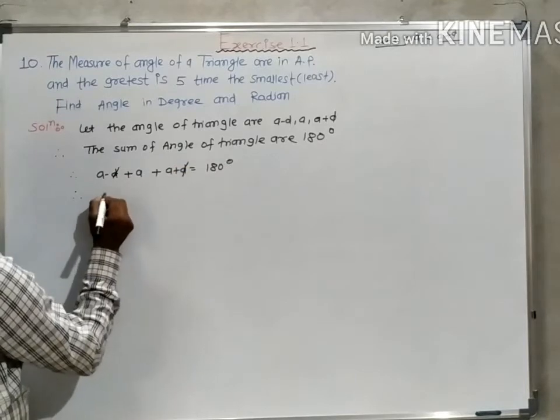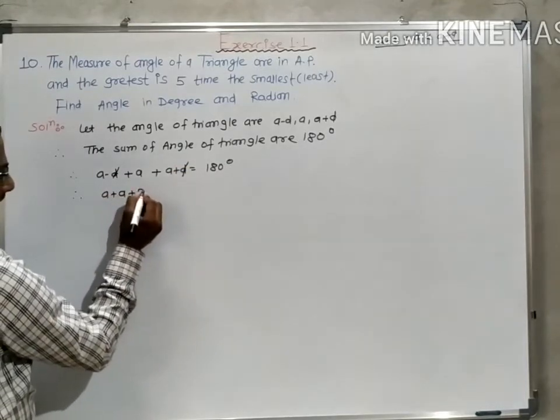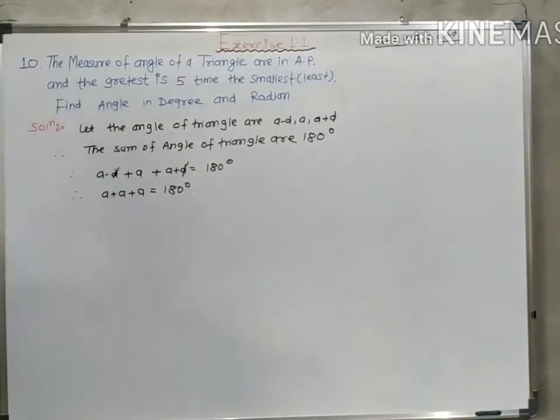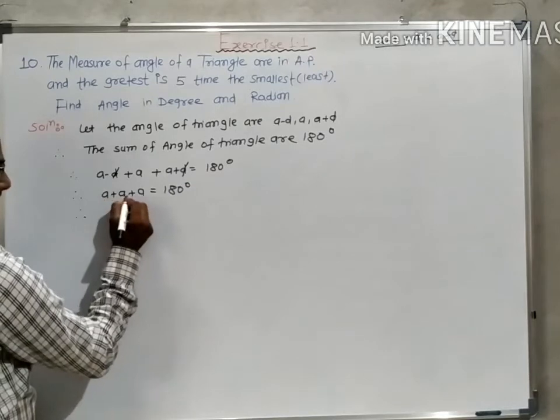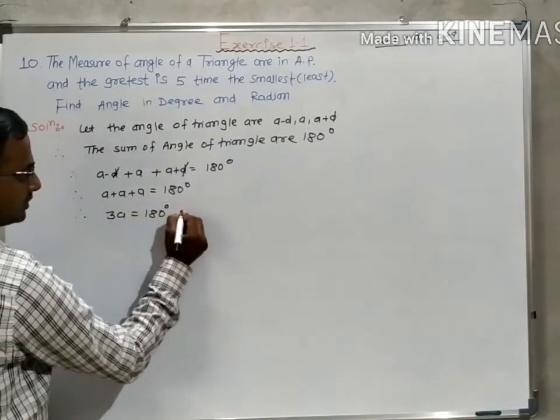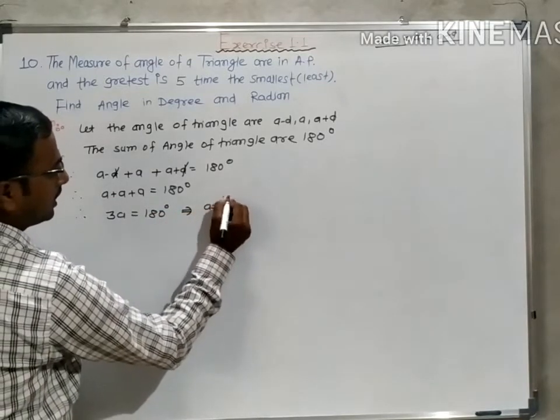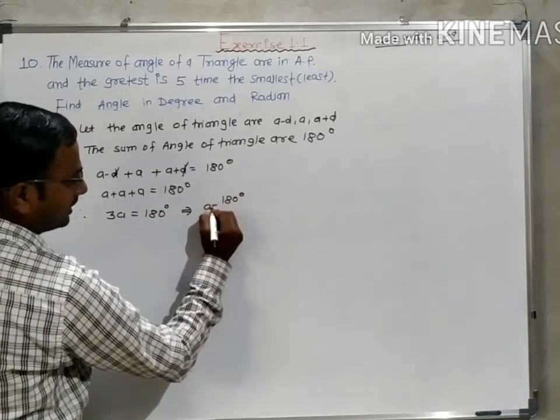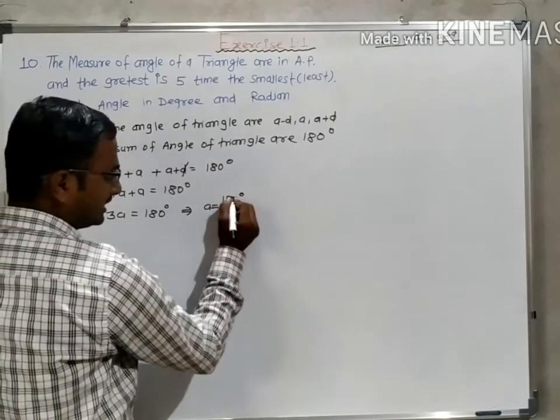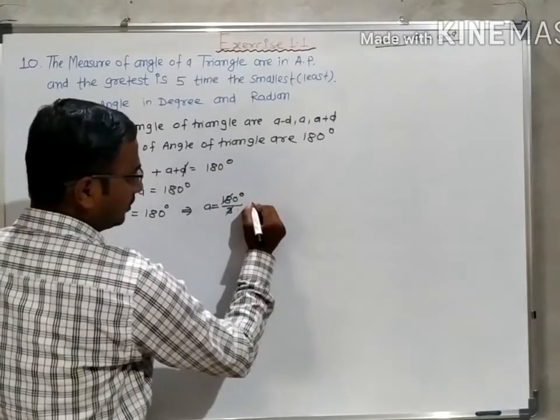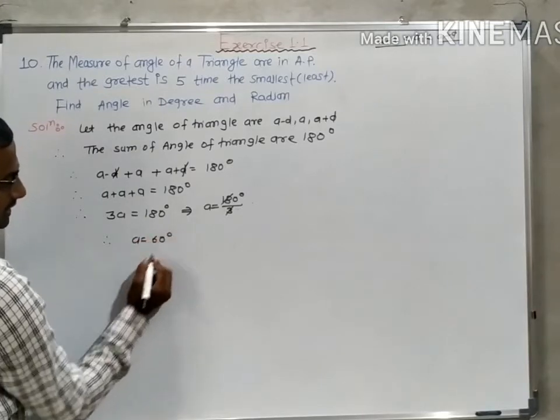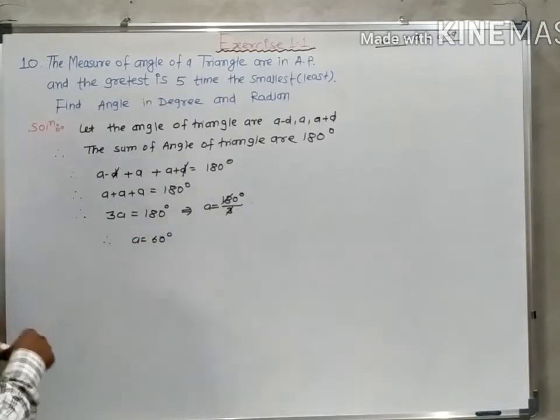So therefore A plus A plus A, this is 3A, is equal to 180 degree. So A is equal to 180 degree upon 3. 3 6s are 18. Therefore A is equal to 60 degree.